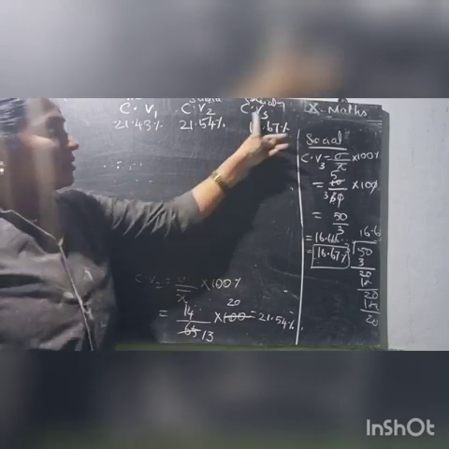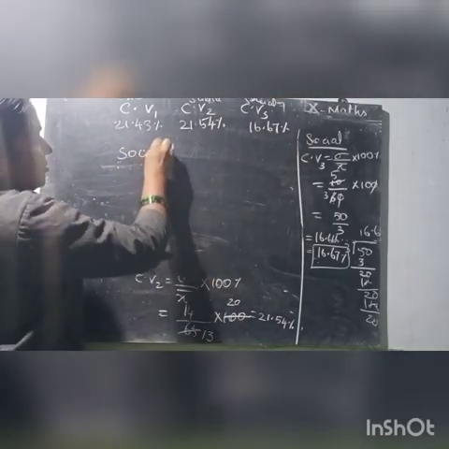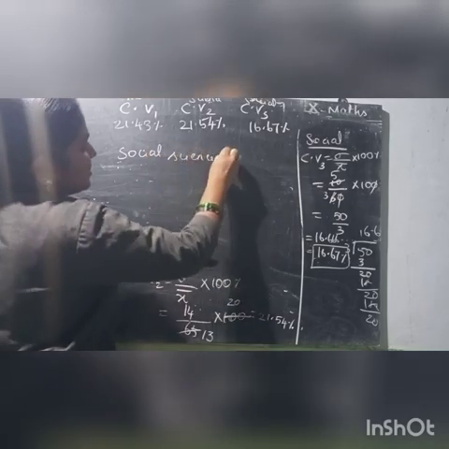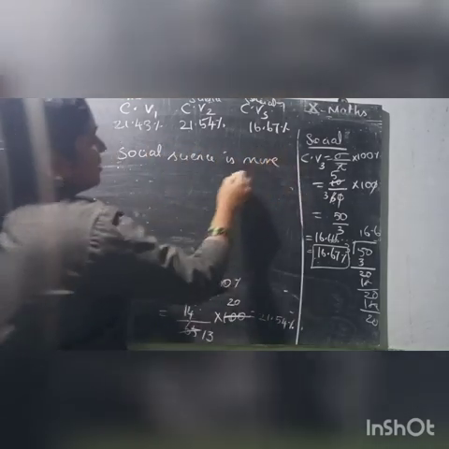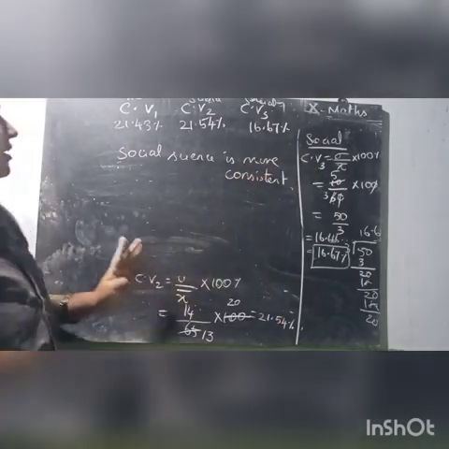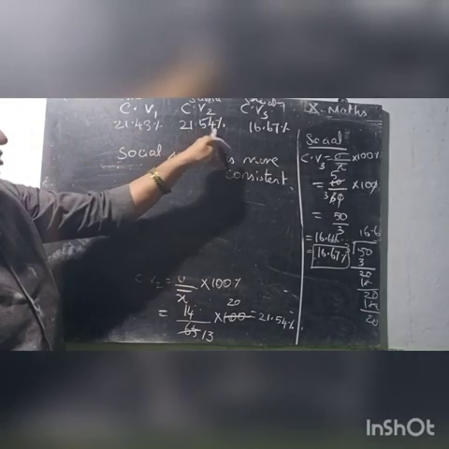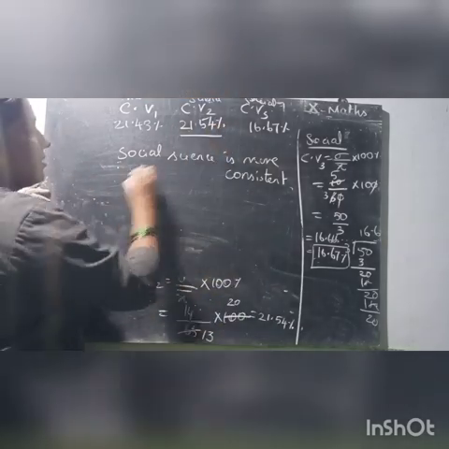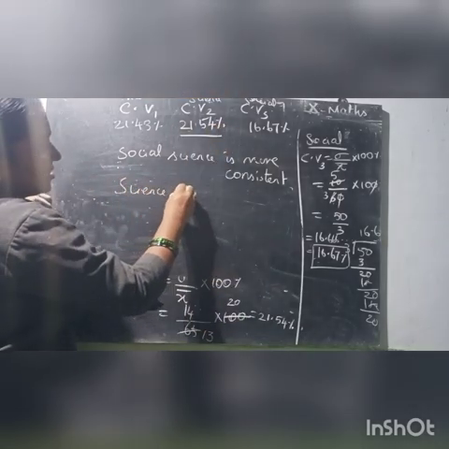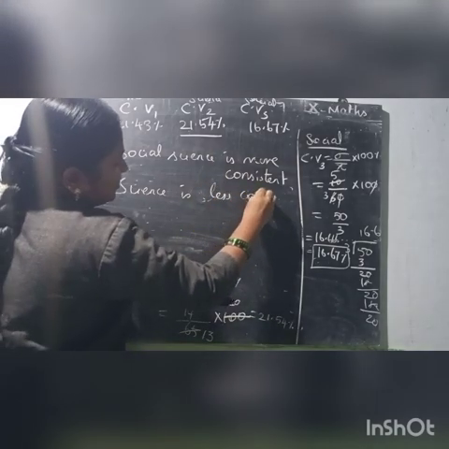See which is less coefficient of variation: social science. So social science is more consistent because it has less variation. Then which has more variation? See here 21.43, here 21.54. So this is greater one. So science is less consistent.